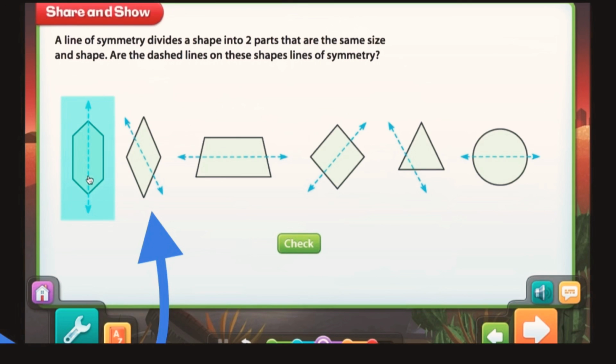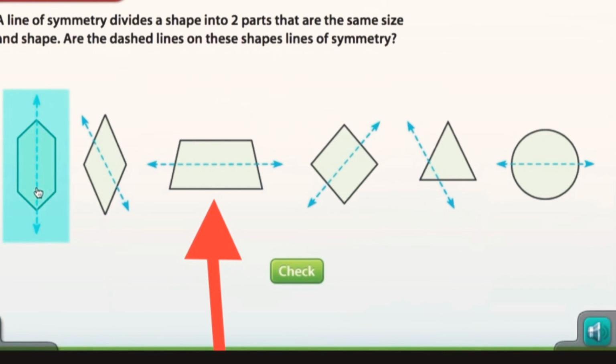The sides all look the same, but there's something special that I noticed here. Look at the corners. This corner seems to go up like it's on a slant. So if I was to fold that, these corners would not match. So that means this dashed line does not show a line of symmetry.